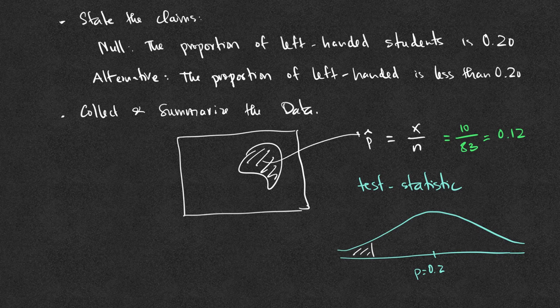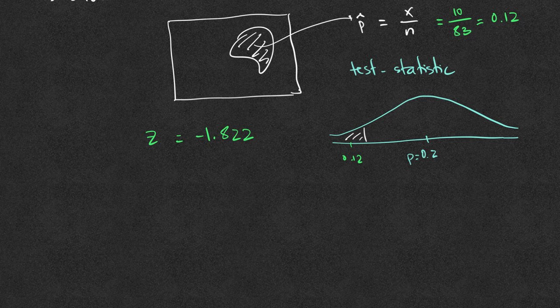And we see that 0.12, the proportion of the sample, is on the left-hand side of the assumed parameter p equals 0.2. We compute the test statistic z for the proportion because we want to see how far it is from the mean using the standard normal distribution.